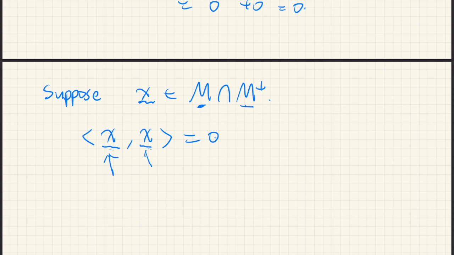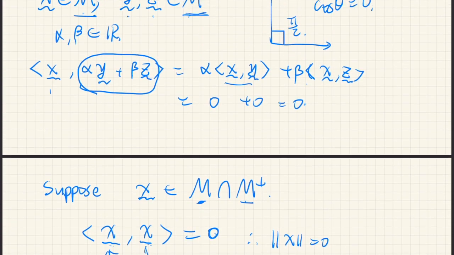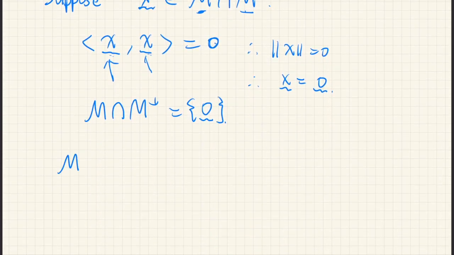So this should be equal to 0. That means the norm of x should be 0, and that means x should be the 0 vector. So the only common element between M and M orthogonal is the 0 vector. So based on these properties, we call M orthogonal the orthogonal complement of M.